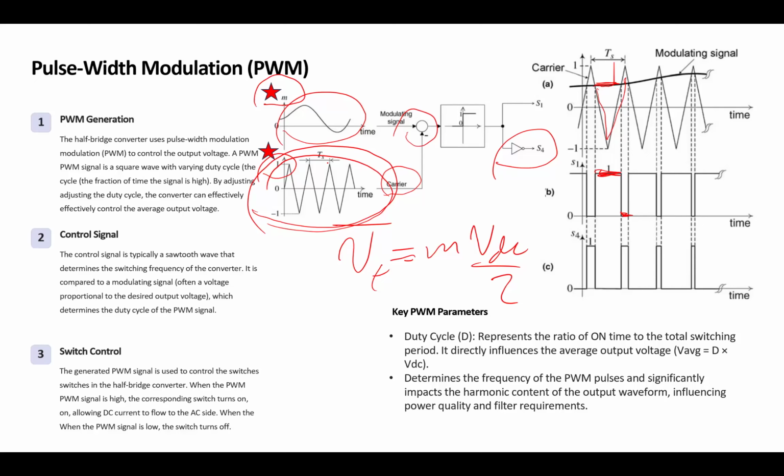Make sense? The difference between the variation and the amplitude of the variation. So we are working in a per unit system. That's the significance of 1. Your reference signal should be per unit, your carrier should be per unit. Everything is per unit in the control system, in the PWM. Are we good?